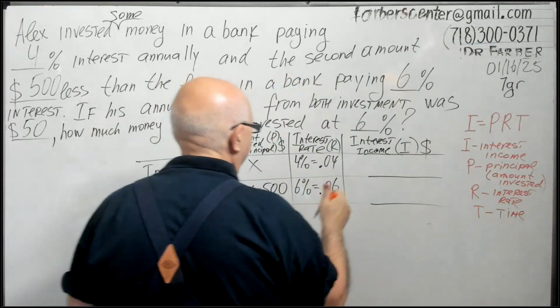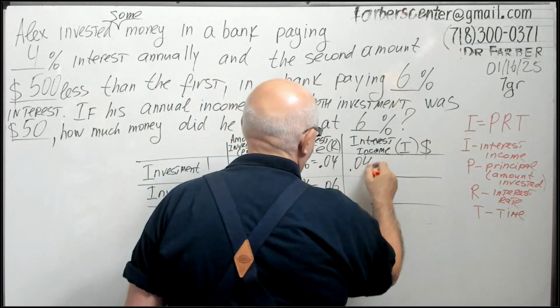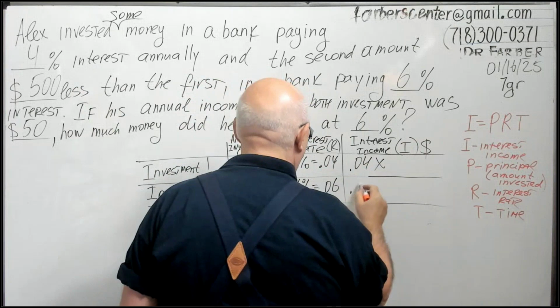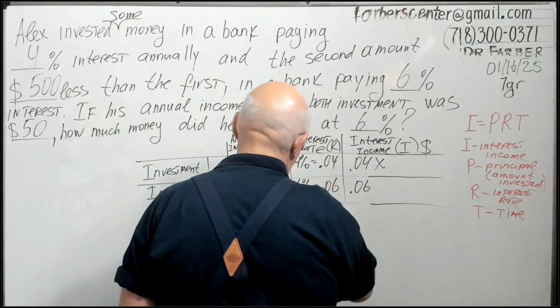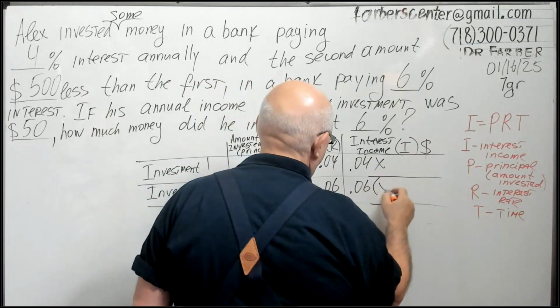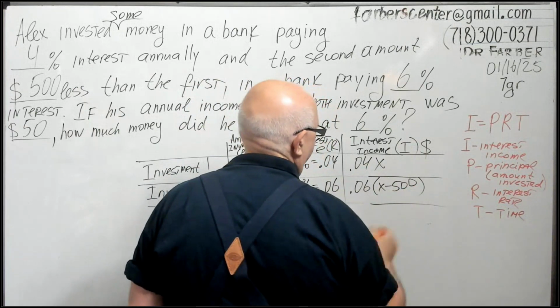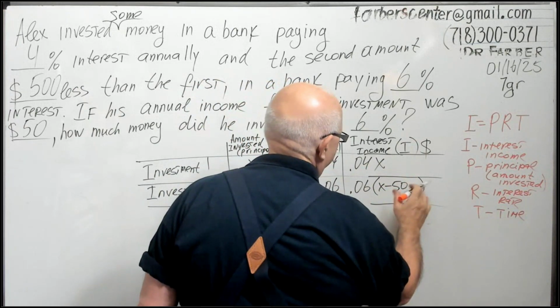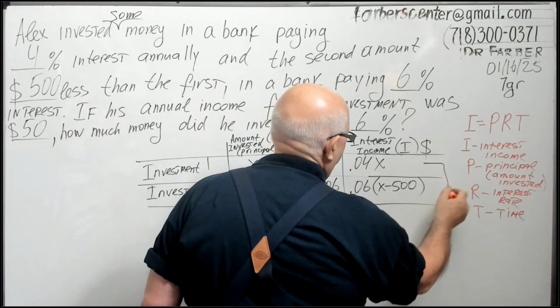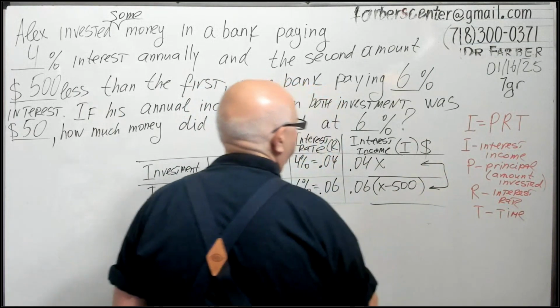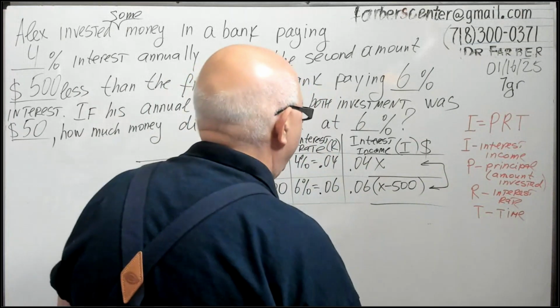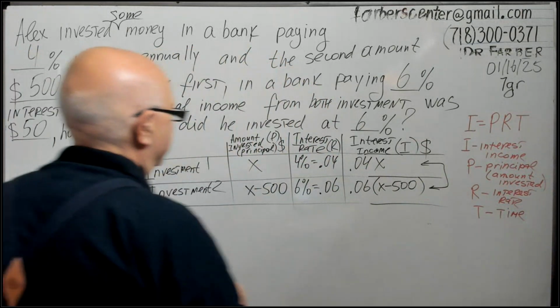So I equals PRT. I take two of them. 0.04x, and 0.06 times x minus 500. So you get some interest income from both banks.